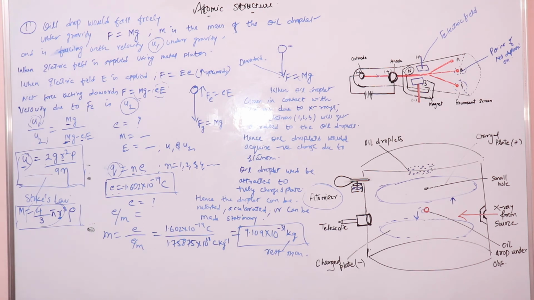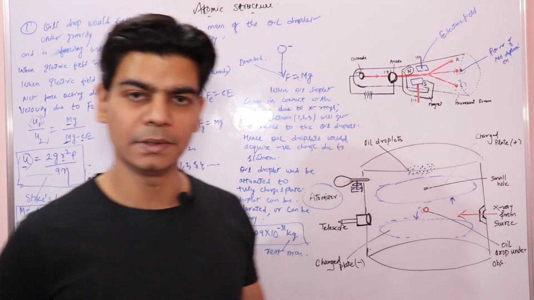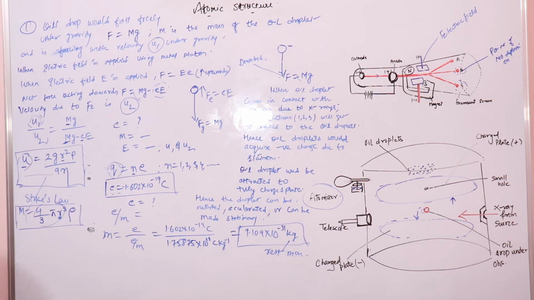And we know that the value of this mass is very small, right? That is why in an atom we say that the mass of an electron is negligible. This value is very, very small. Even if you compare it with the lightest element, which is hydrogen, it will come out to be very less, right? So this is your Millikan's oil drop experiment, and using it we can calculate the charge on an electron.